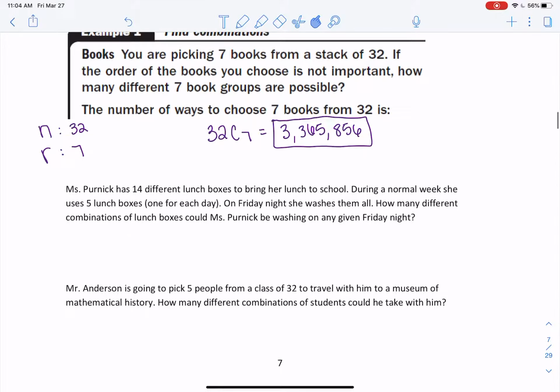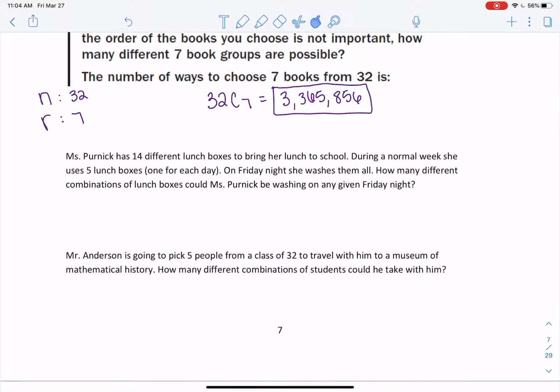Okay, so this next one says Miss Pernick has 14 different lunch boxes to bring her lunch to school. During a normal week, she uses 5 lunch boxes, one for each day. On Friday night, she washes them all. How many different combinations of lunch boxes could Miss Pernick be washing on any given Friday night? Think about this too, the order doesn't matter.